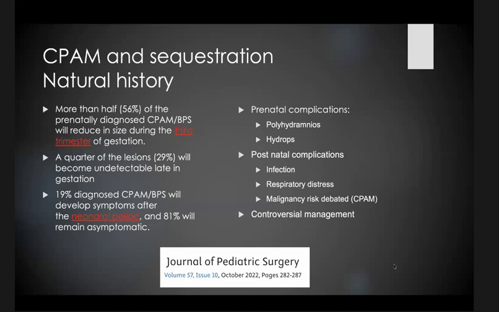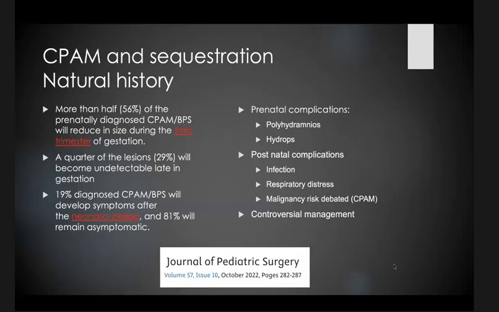Most of them, 81%, will remain asymptomatic. So what are the complications? Prenatal complications can be polyhydramnios and hydrops, and the postnatal complications can be infection, respiratory distress, and malignancy. The malignancy risk is debated, but it's only associated with CPAM, not with sequestration.